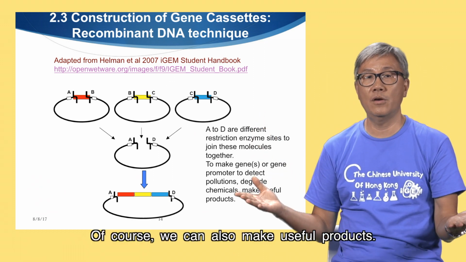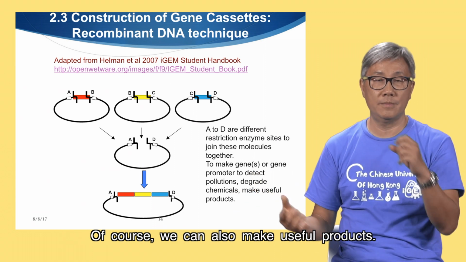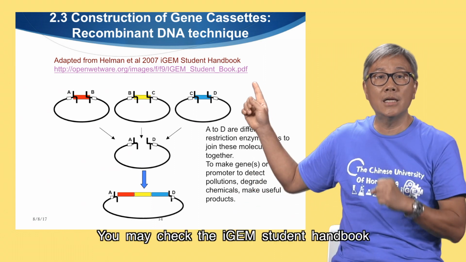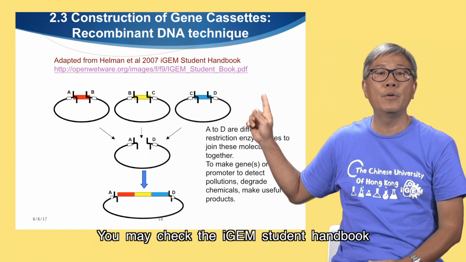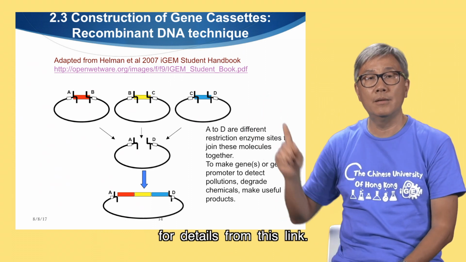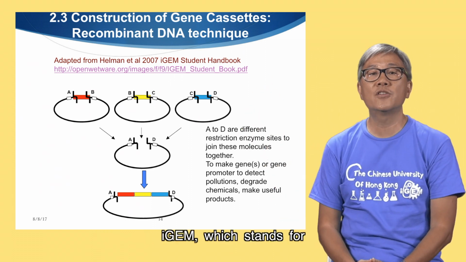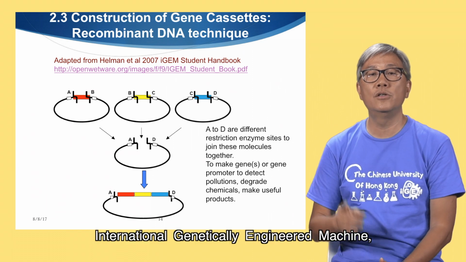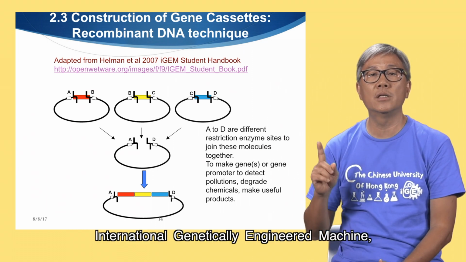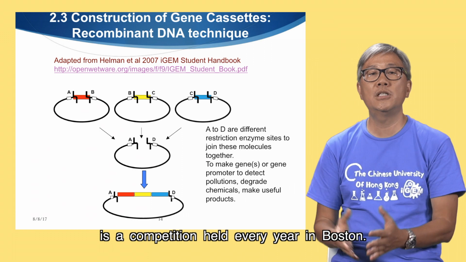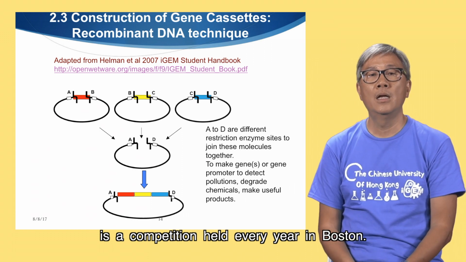Of course, we can also make useful products. You may check the iGEM student handbook for details at this link. iGEM, which stands for International Genetically Engineered Machine, is a competition held every year in Boston.